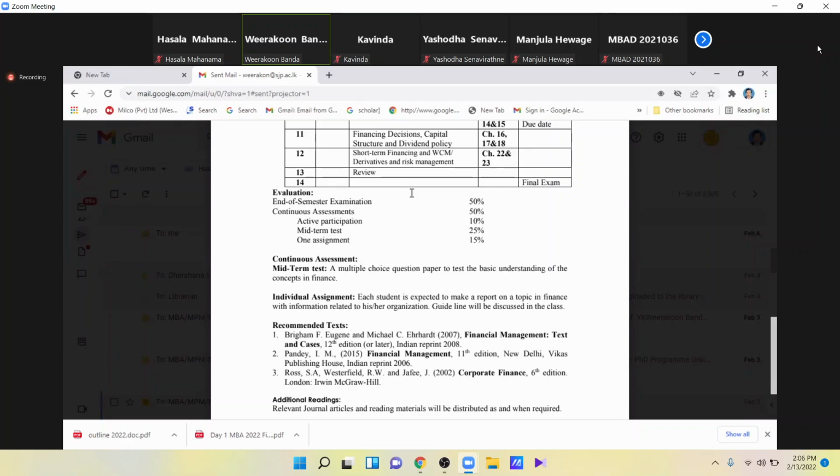In addition, there are some other similar financial management textbooks. I.M. Pandey, Financial Management, 2015, 11th edition. Ross, Westerfield and Jaffe, Corporate Finance, 6th edition. Those commonly cover all the financial management topics. The textbooks discuss them in a similar pattern, a similar way.